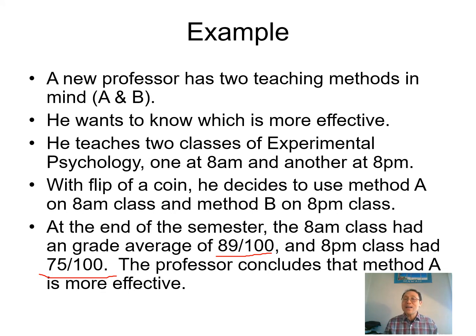So even the attitude is very different. Basically what I'm trying to say here is that there are alternative reasons why the students are performing very differently in these two classes, and not necessarily due to differences in the teaching methods.